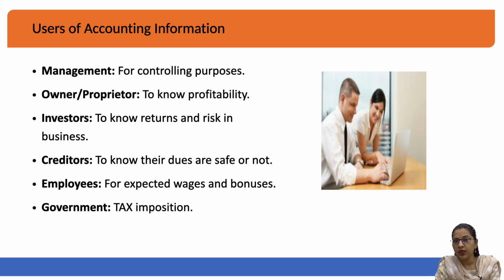Given us credit means they are the people who have allowed you time to make payments to them. So, when you get time for payment from them, the creditors become interested, when will you give them back? They are interested in their money, they are interested in their dues. That is why they would like to know the accounting information, and they would like to know whether their money is safe or not.